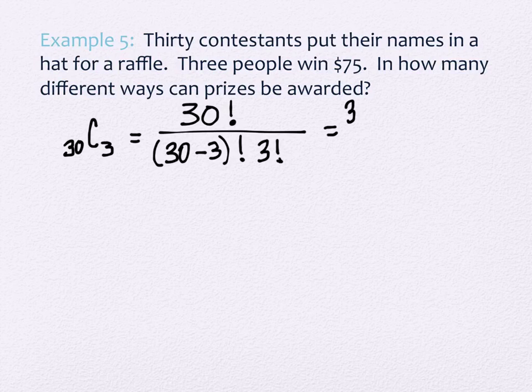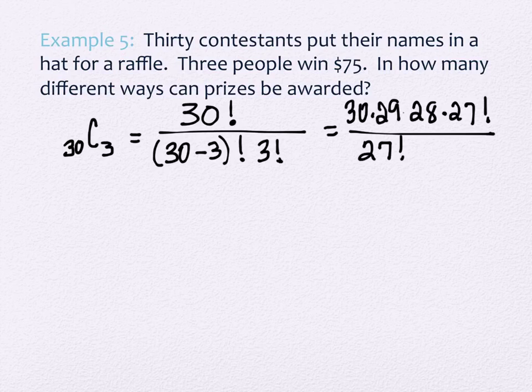Okay, so I still have 30 times 29 times 28 times 27 factorial. All of that's the same. And I have a 27 factorial on bottom because that's the 30 minus the 3. But I also have 3, 2, and 1. So the 27 factorials cancel. Again, if you want, you multiply the numerator out, divide by 6.